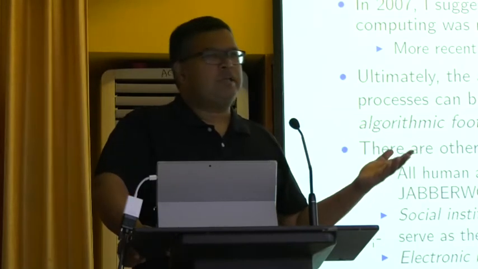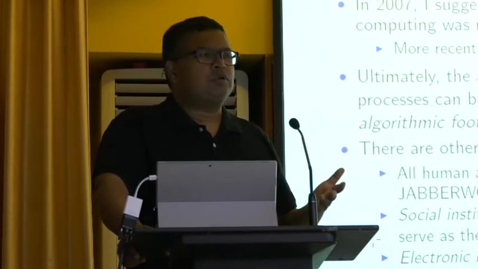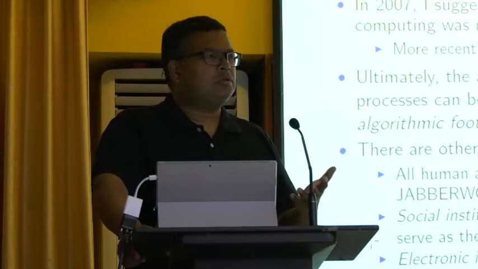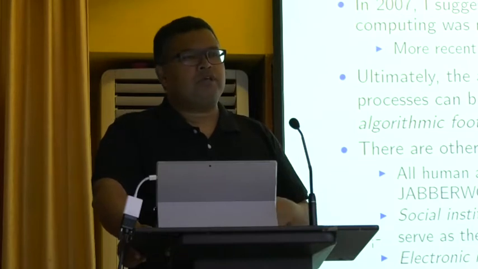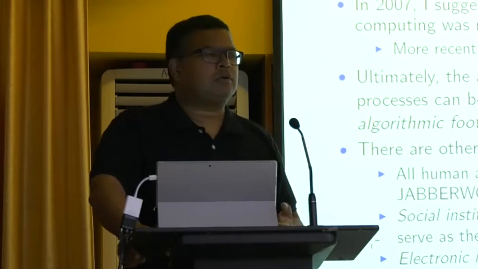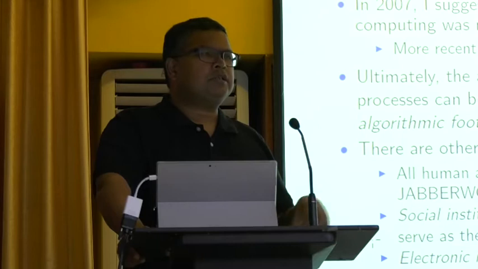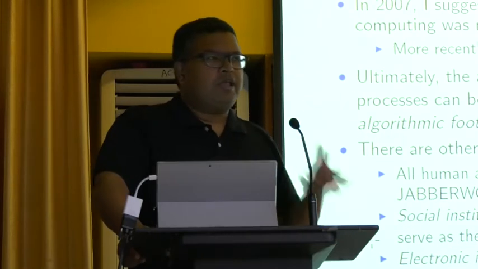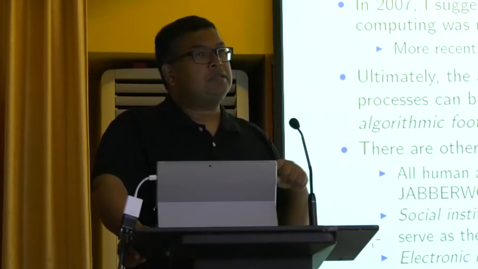Every car driver is doing his or her own thing. The only thing that keeps roads sane is the fact that we have a social institution in the form of traffic laws, right? Where we maintain our lanes, we don't cut into traffic, we stop at red lights and go at green lights and so on. Those are social institutions, and they ensure that collections of otherwise autonomous entities, when they behave together, end up doing the right thing. But the critical thing is autonomy, right?